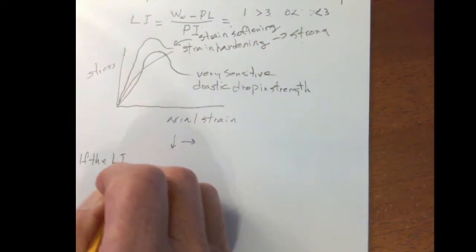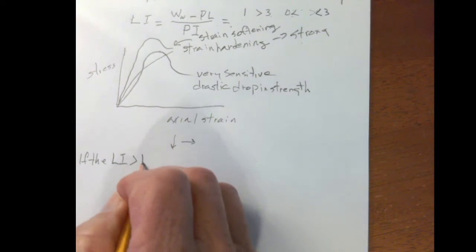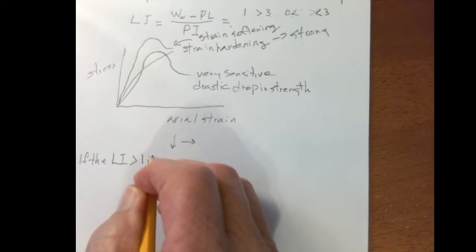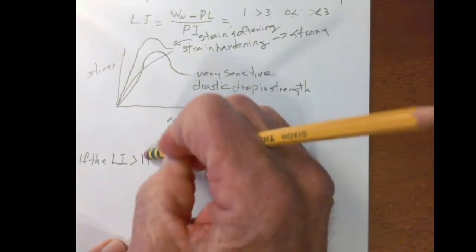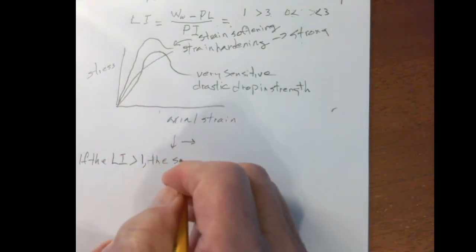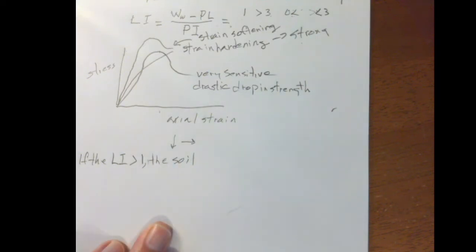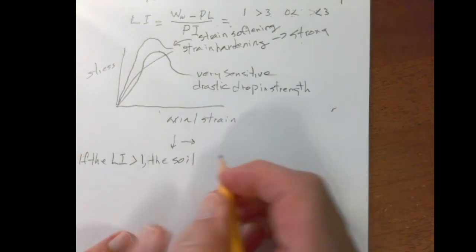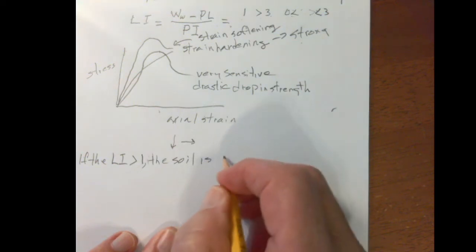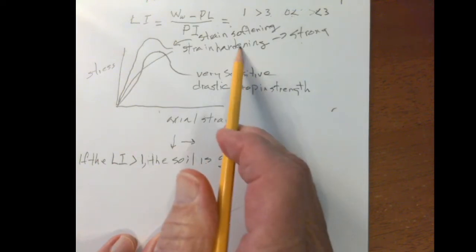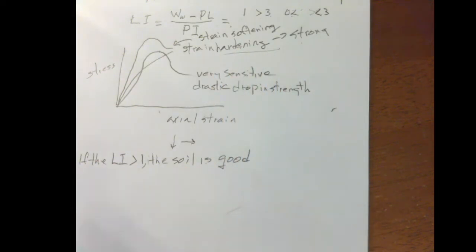The liquidity index is greater than 1, the soil is probably, let's call it good. It would be up in this area, the stronger soil.